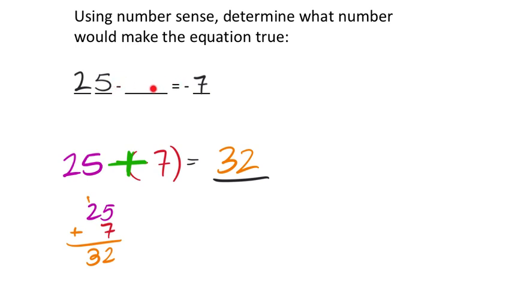So all I can say for now is that it has to be bigger than 25. How much bigger? Since you have 25 bucks, you're going to spend all the way down to 0, but $7 more means you'd have to take 25 and add 7, just like we did right there, and you'd get the same number, 32.